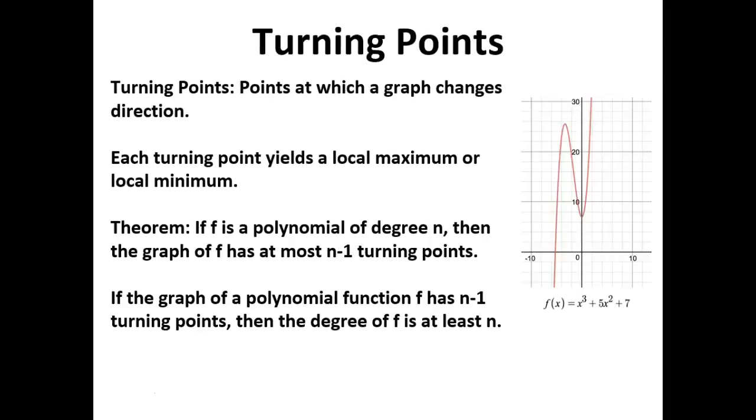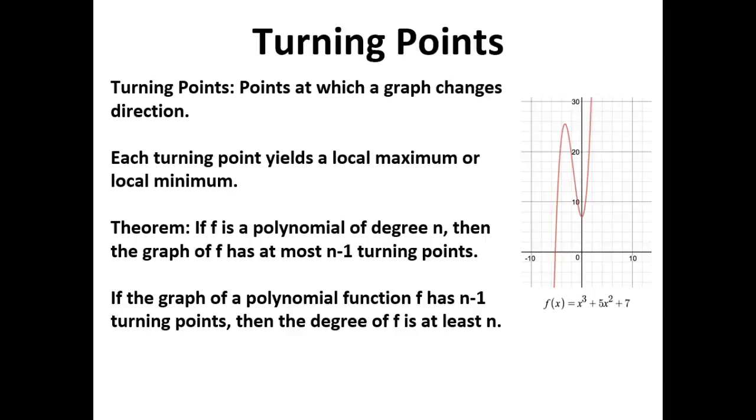Turning points are points at which a graph changes direction. Each turning point yields a local maximum or minimum. So once you get farther along, we really care about maximums and minimums, because that tells us things like, in something like economics, where we're making the most profit, for example.